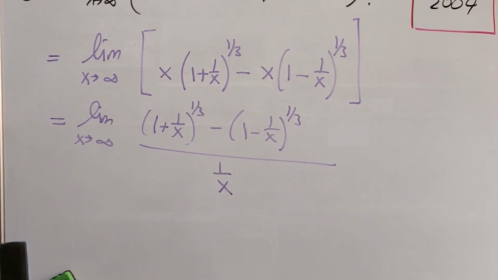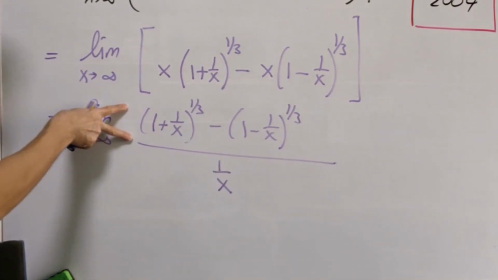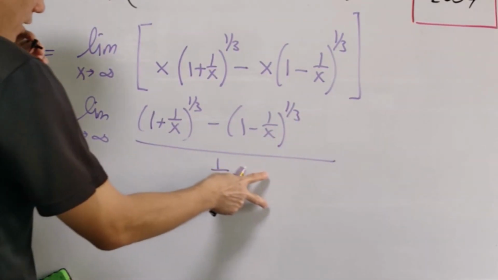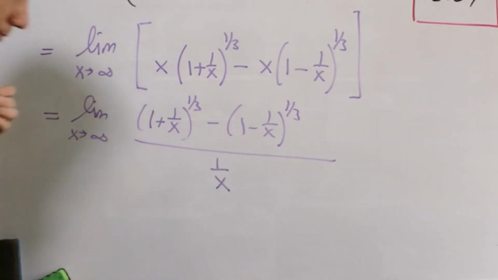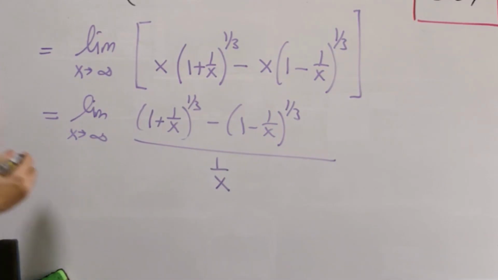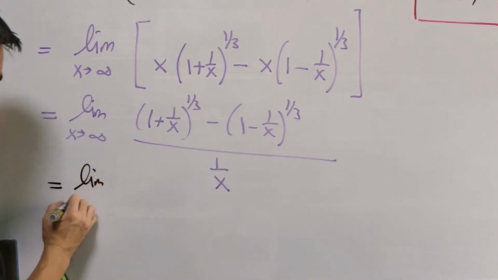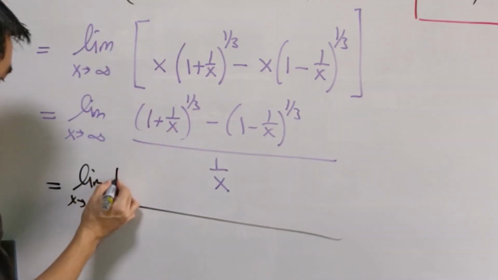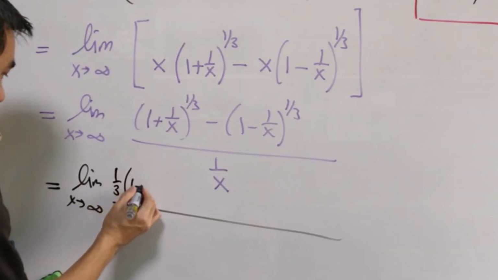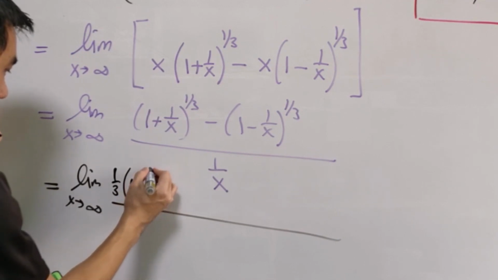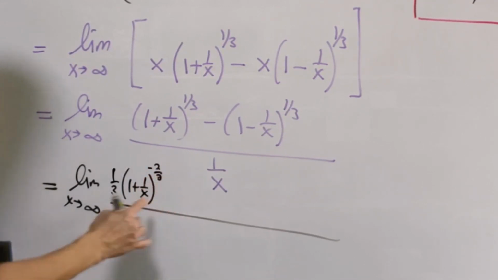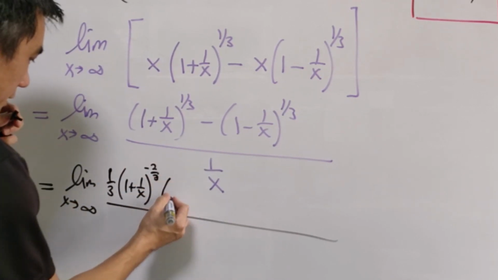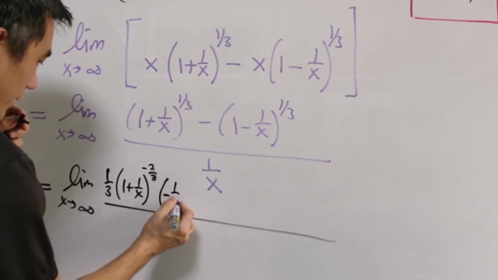To use L'Hopital's rule, we take the derivative of the numerator and the derivative of the denominator separately, and we obtain the limit as x goes to infinity. To get the derivative, it will be 1 over 3 times (1 plus 1 over x) to the power of negative 2 over 3. Then we have to differentiate 1 over x, which gives negative 1 over x squared.